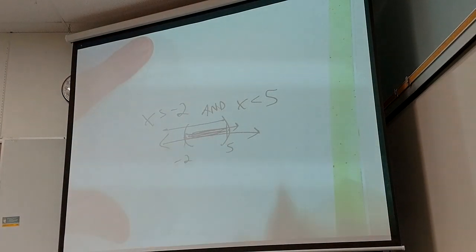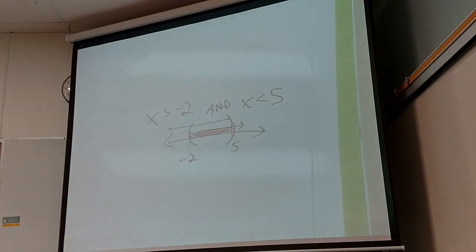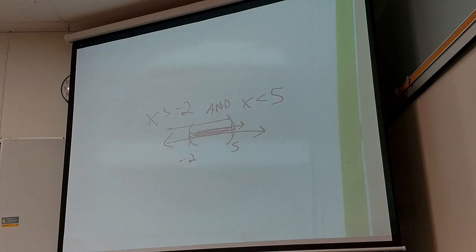This stuff. And means the shading where the shading overlaps. Where did I shade this way and that way? Just in the middle there. That's the only place that is one and the other one.